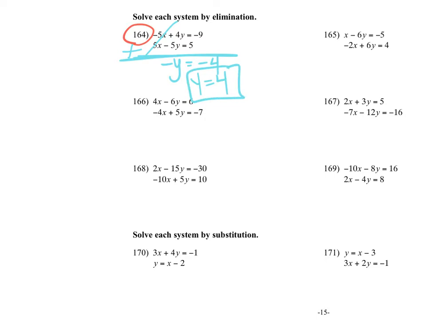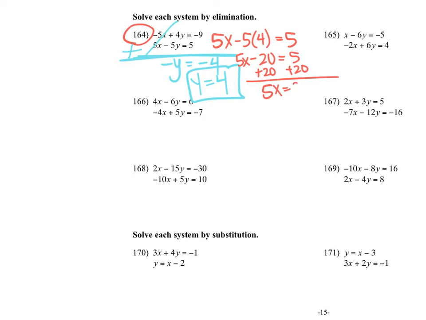But I'm not done because I still need to figure out what my x is. So now you just get to choose which equation. To me, the second equation looks a little bit easier. So I'm going to plug that in. So I get 5x minus 5 times 4 equals 5. So 5x minus 20 equals 5. Plus 20, plus 20, 5x equals 25.